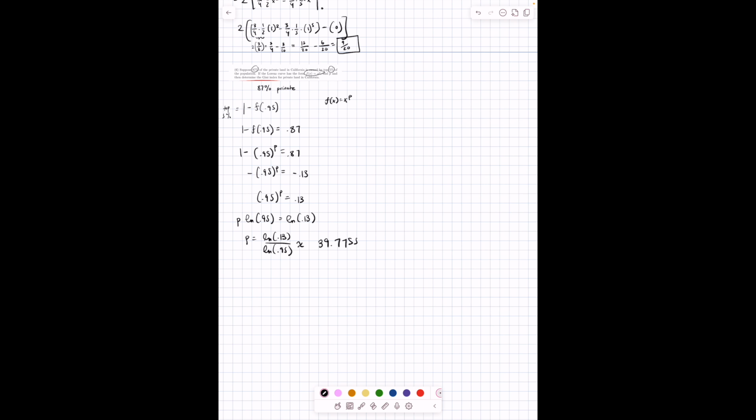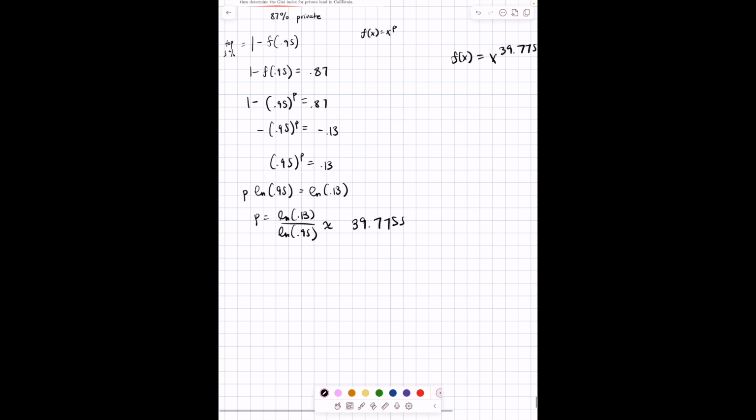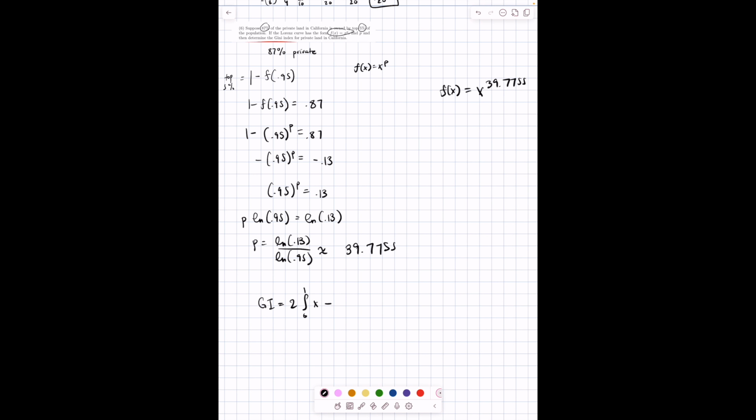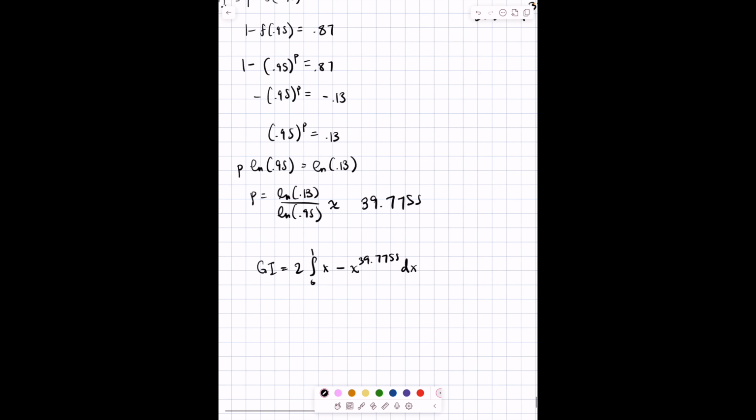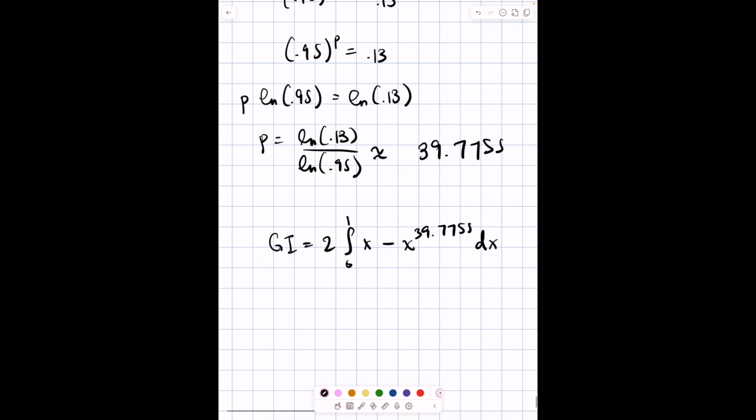Okay, but now that we have this, we have that f of x is equal to x to the power of 39.775. And so let's find the Gini index. The Gini index is 2 times the integral from 0 to 1 of x minus x to the 39.775 dx.